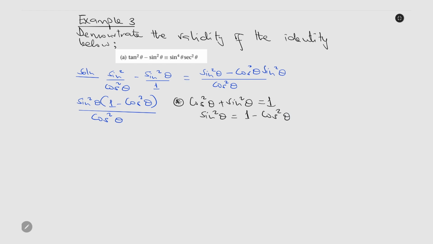What that means is that this 1 minus cos squared theta here, I can replace it with sine squared theta. Okay, let's do that. So I will have sine squared theta into sine squared theta over cos squared theta. That's the same as sine to power 4 theta.